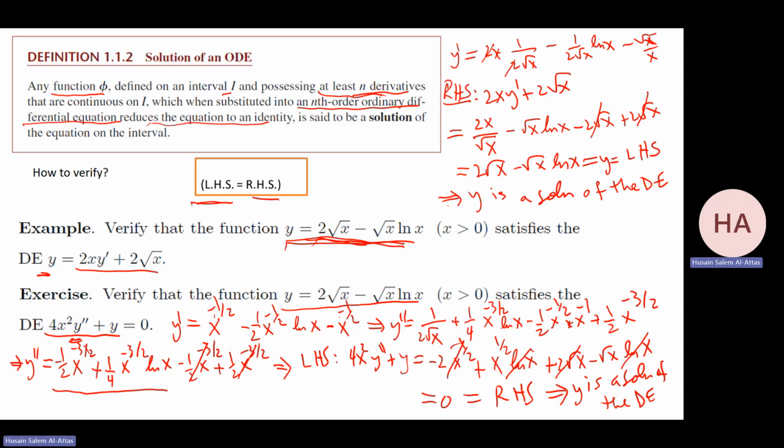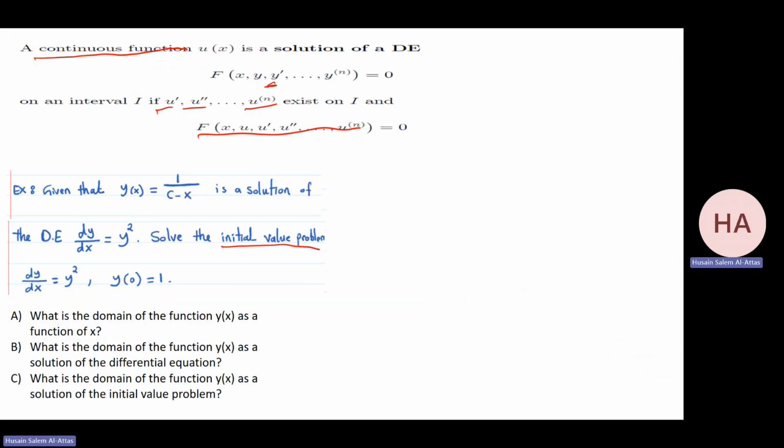Usually we have infinitely many solutions. For example, this one is a solution of this equation. If you notice, there is a C here. So how many solutions do we have? We have infinitely many solutions. One way so that we can deal with only one solution is if we have a condition.